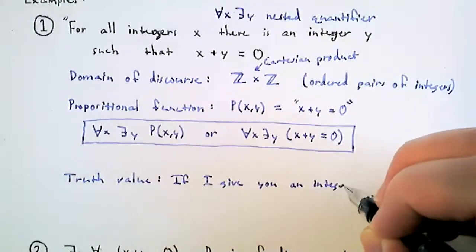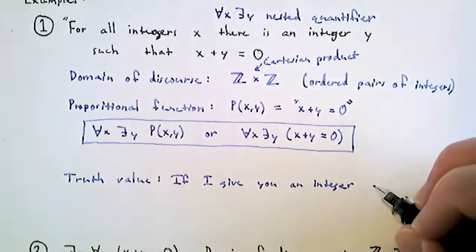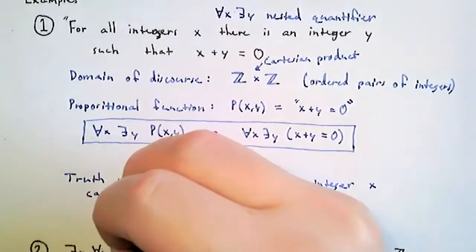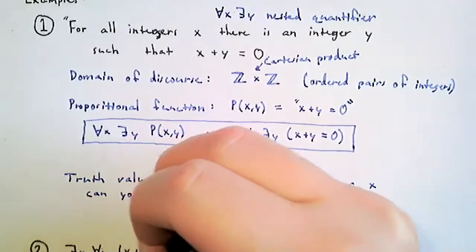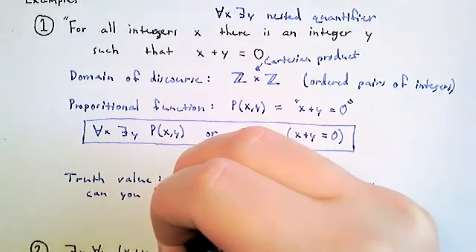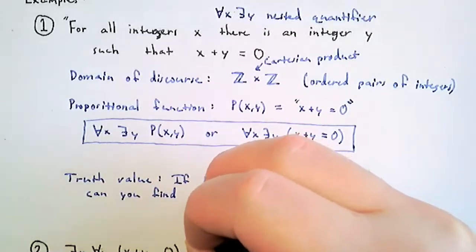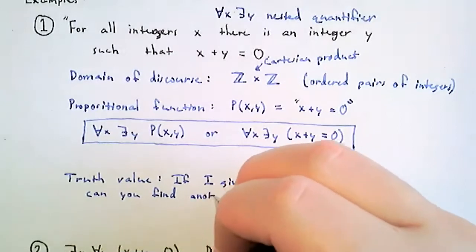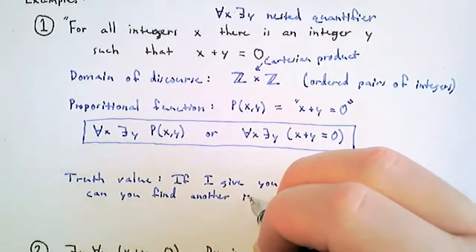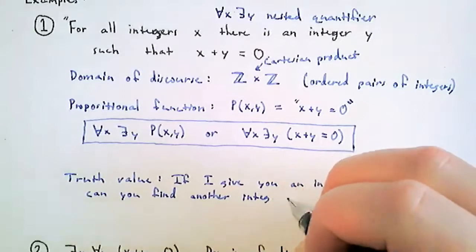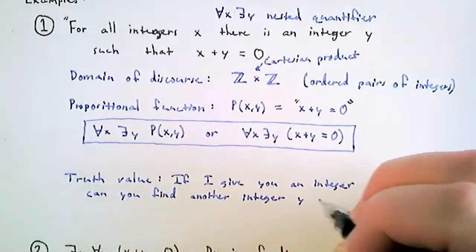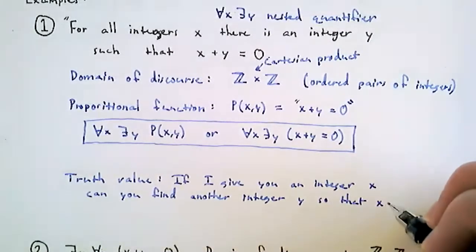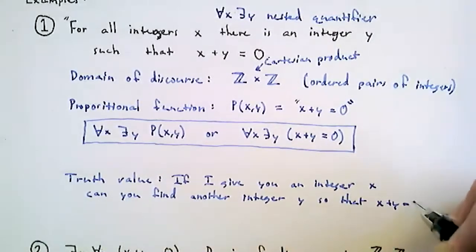So here's the question that I was asking. If I give you an integer x, can you find y so that x plus y equals 0?